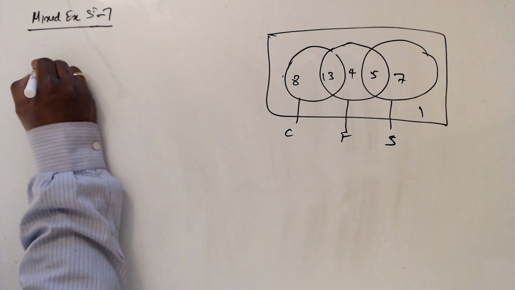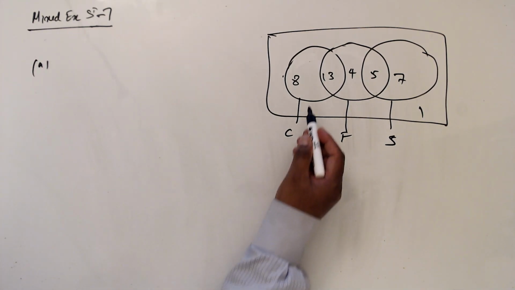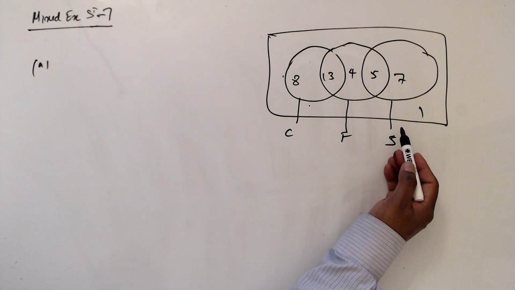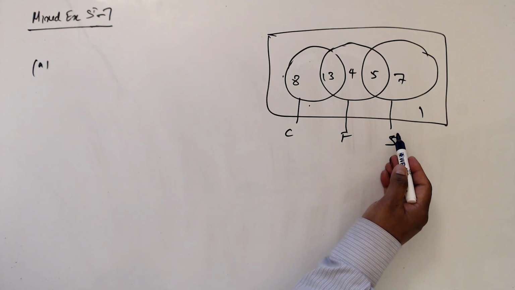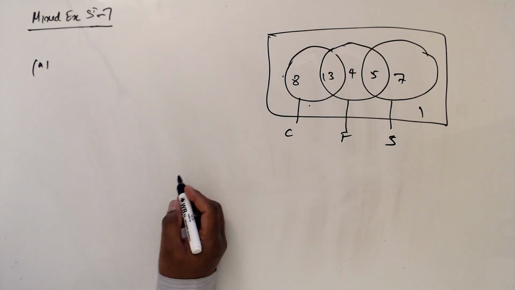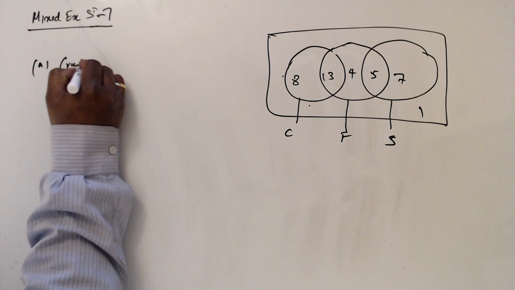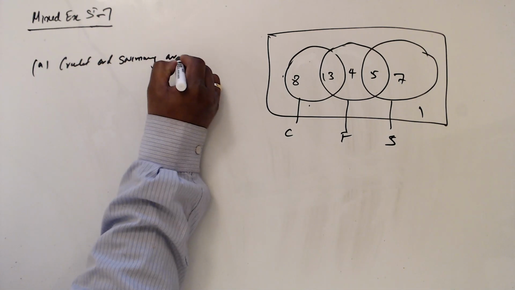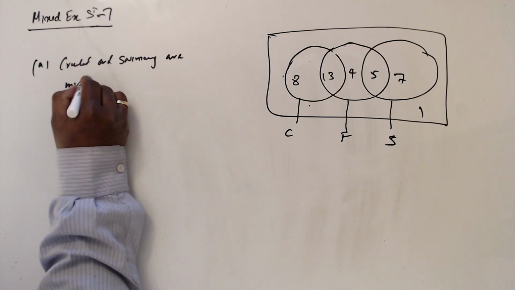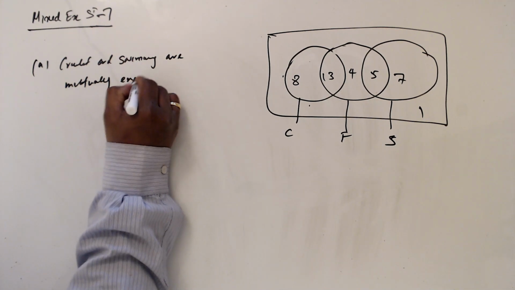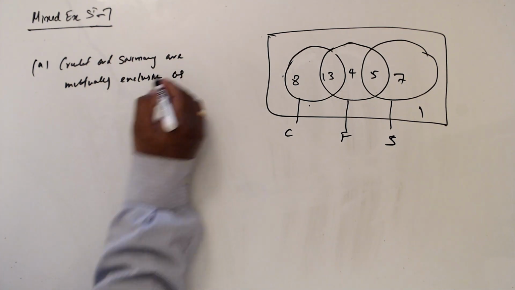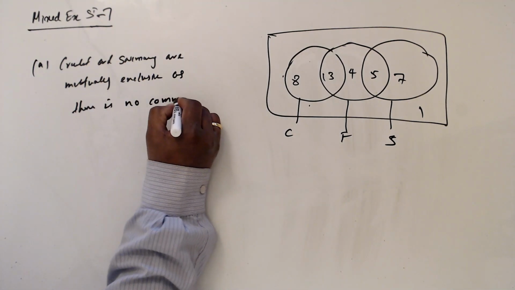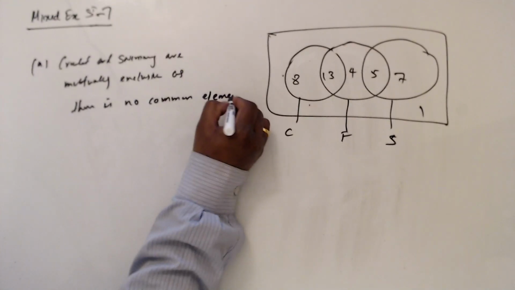To have mutually exclusive, there should be no common element. So I can see cricket and swimming are mutually exclusive because there is no common element.